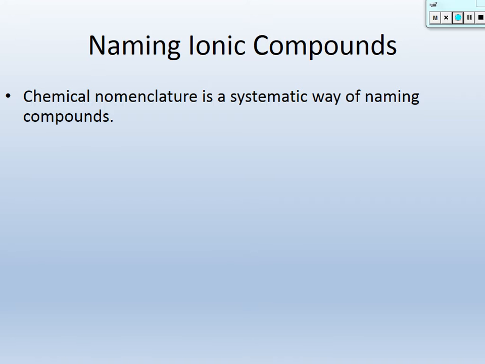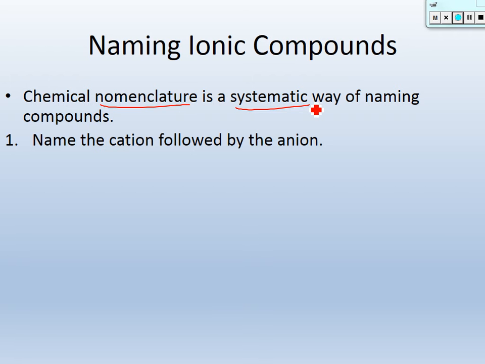Chemical nomenclature. This is just a way to name compounds. This is a system that's used worldwide so that all chemists, no matter what country you come from, have a systematic way of naming a compound so that everyone calls that compound the same name. So there's some rules to this system. Number 1, you're supposed to write down in your notes, the first rule is you name the cation followed by the anion.